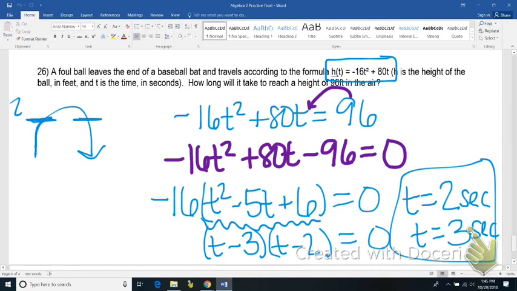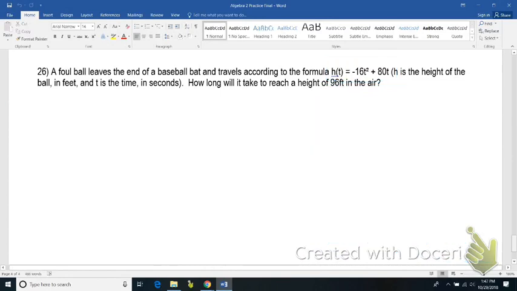So what has happened is this happened at 2 seconds, and then 1 second later it hit 96 on its way back down. Okay, so if you get 2 positives, leave them both. If one of them is negative, cross it out and just keep your positive. And that's the end of the review.